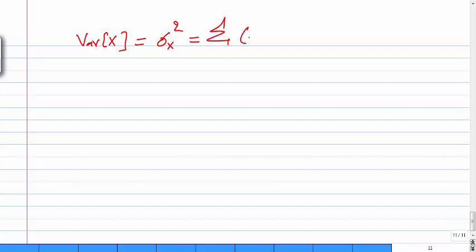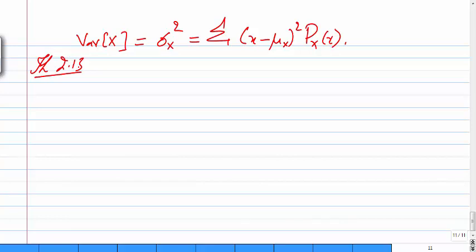So we can say that the variance of a random variable X is equal to the square of the standard deviation, or we can write it as a summation of (x minus mu of X) whole square times p X of x. There is a theorem, 2.13.